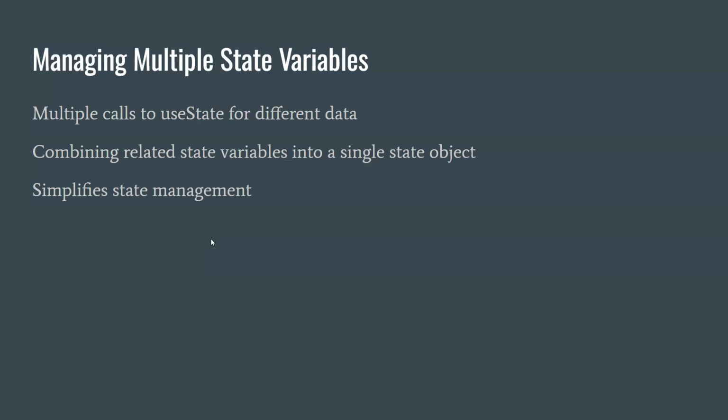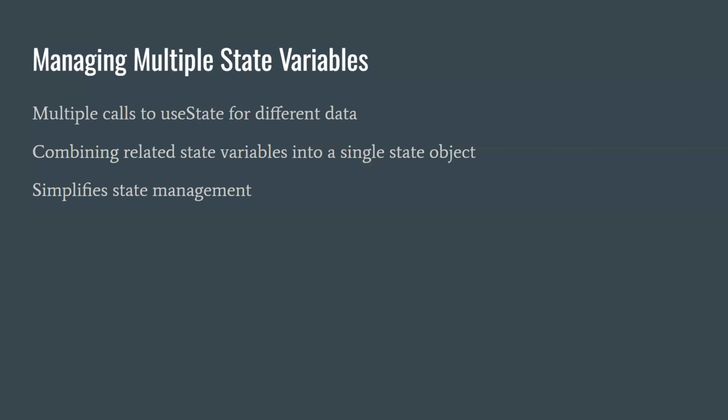Managing multiple state variables. So our components often need to remember multiple pieces of information, and React makes it straightforward to introduce additional state variables as needed. Each call to useState defines a new state variable, allowing us to track different pieces of data independently.